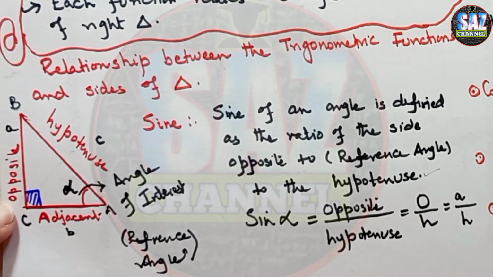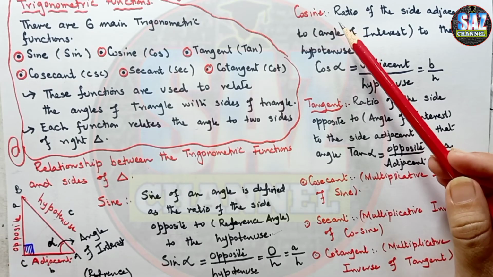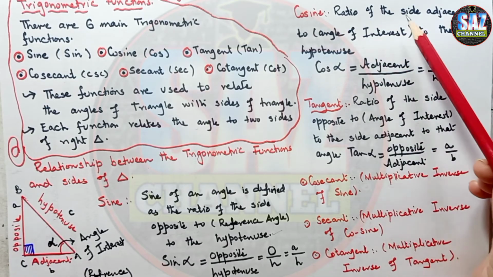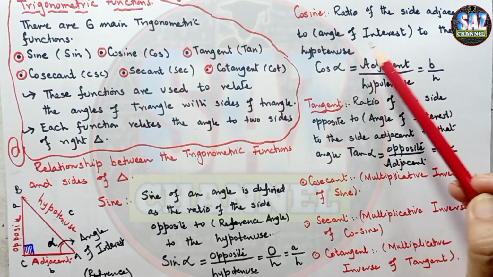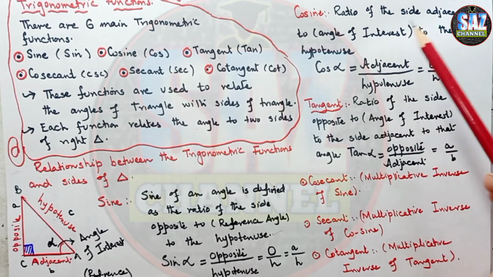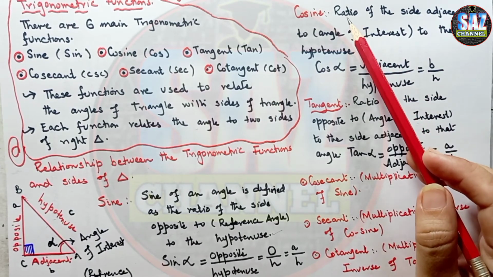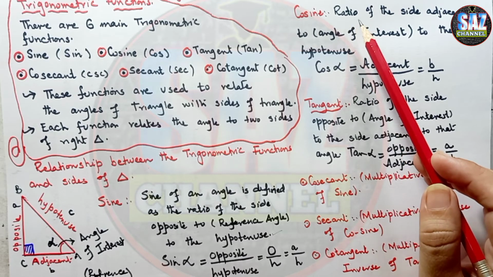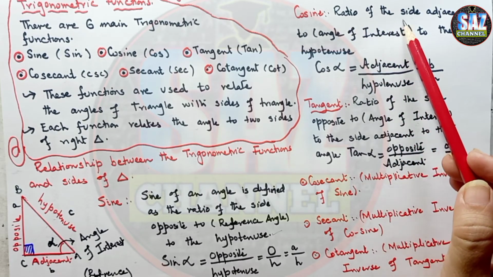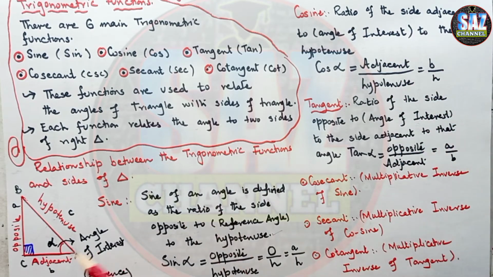Cosine or cos is the ratio of the side adjacent to the angle of interest to the hypotenuse. That means for the trigonometric ratio cos, which two sides of the right angle triangle do we have to involve?